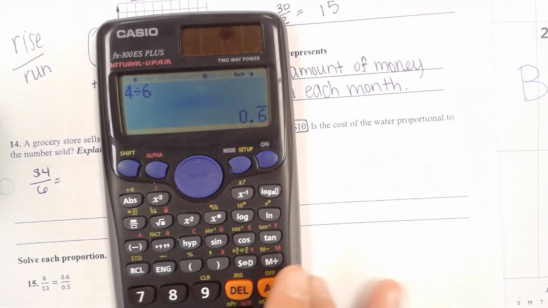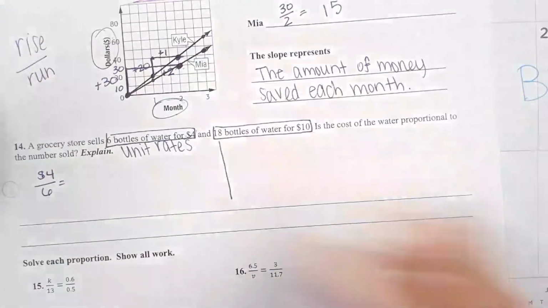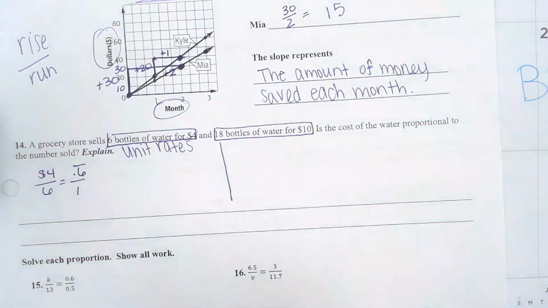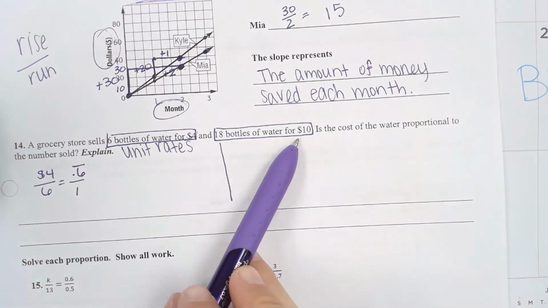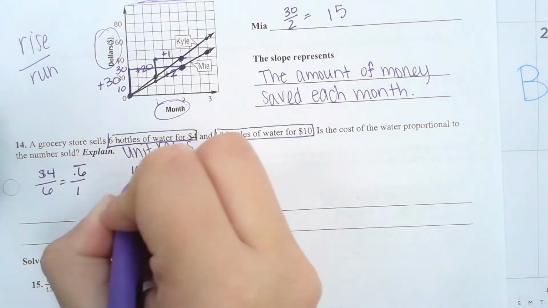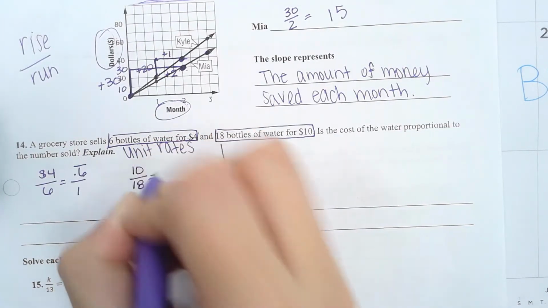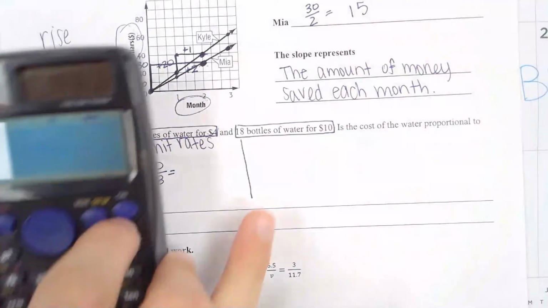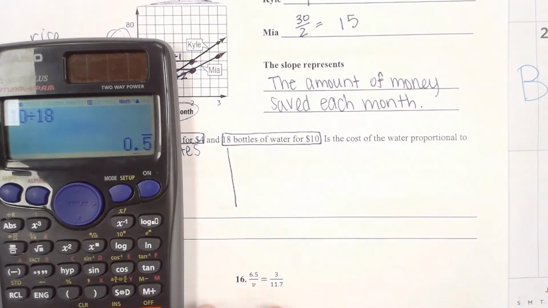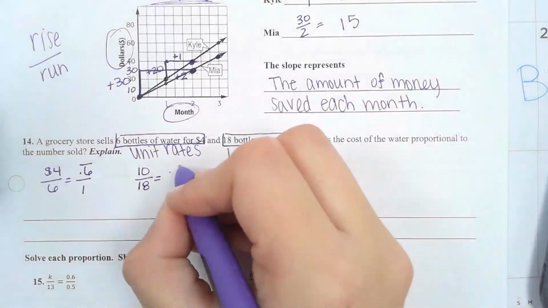So if I were to take 4 divided by 6, that gives me 0.6 repeating over 1. And then we're going to do the same thing with the $10 over 18 to see if it's proportional or not. So if I were to take 10 divided by 18, that gives me 0.5 repeating over 1.